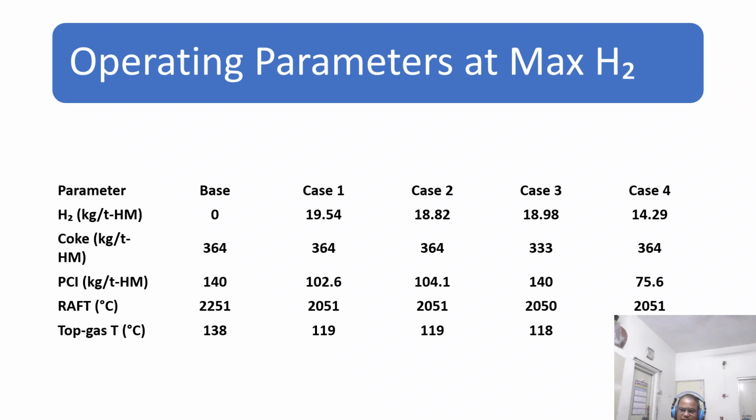In case 3, using coke instead of PCI, the coke rate can drop further to 333 kg per ton hot metal. Coming to case 4, it shows how improving the stack reduction efficiency allows a much greater fuel replacement ratio even though the allowable hydrogen injection dropped to 14.3.